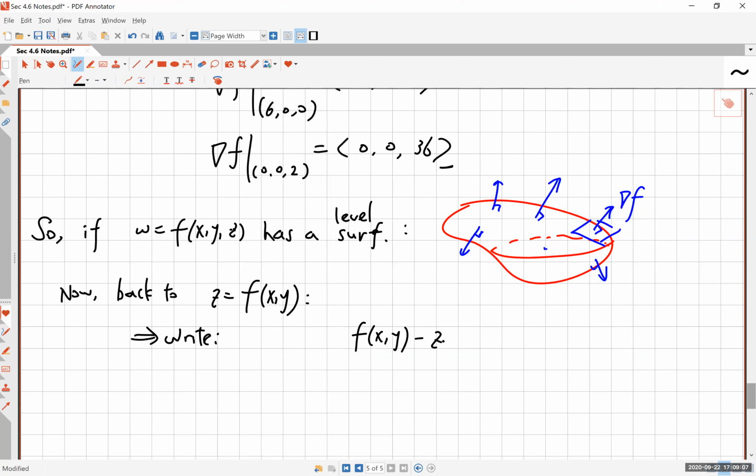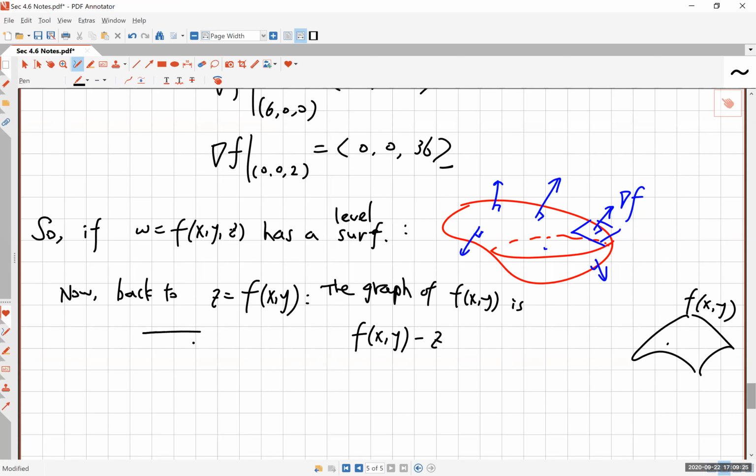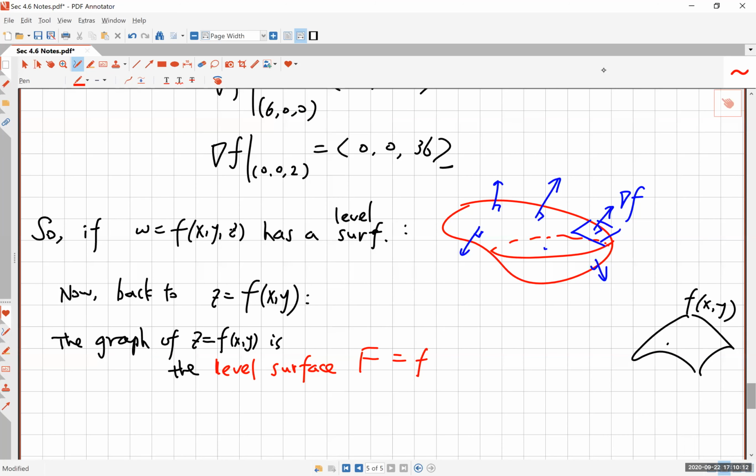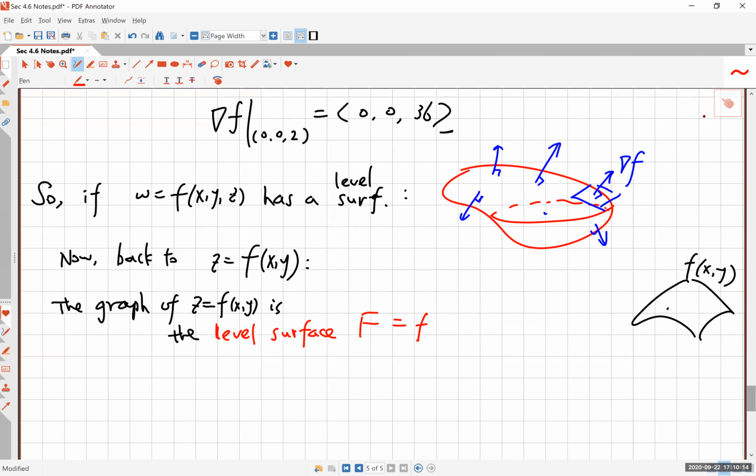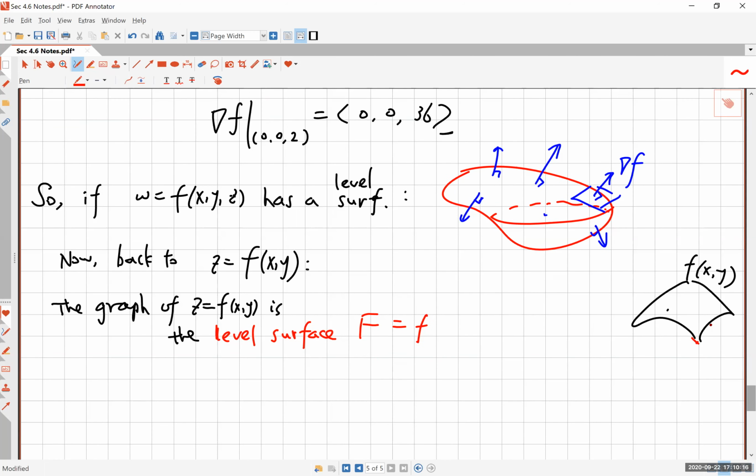So the graph of this, which is like a surface here, the graph of f of x, y is... all right, so I changed things a little bit, but back to a function of two variables, right?